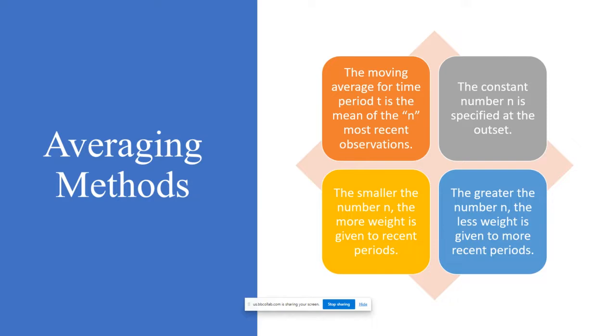N is the time periods you are looking at. The constant number n is specified at the outset, at the very beginning. The greater the number n is, the less weight is given to more recent periods. The smaller the number n, the more weight is given to recent periods.